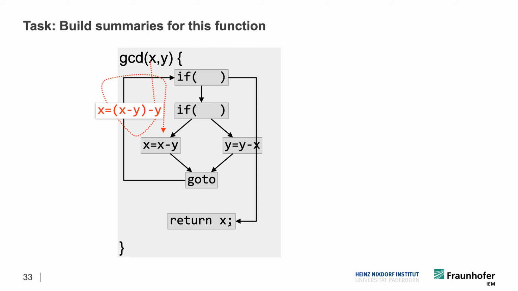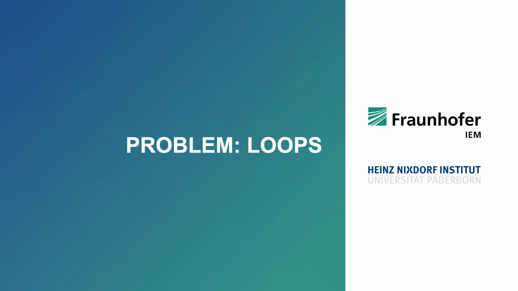If we do this again, then we will get an expression that looks like this: x is x minus y minus y. And as you can obviously see, this can be iterated forever and forever. So there is a problem with loops, and that needs to be dealt with somehow.